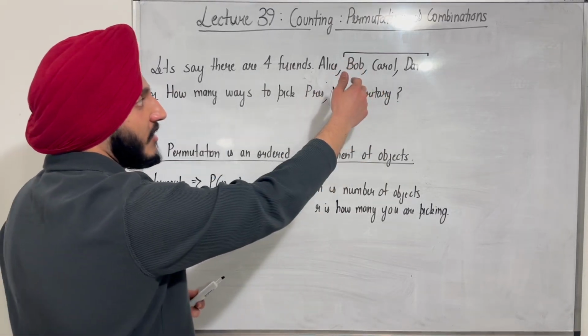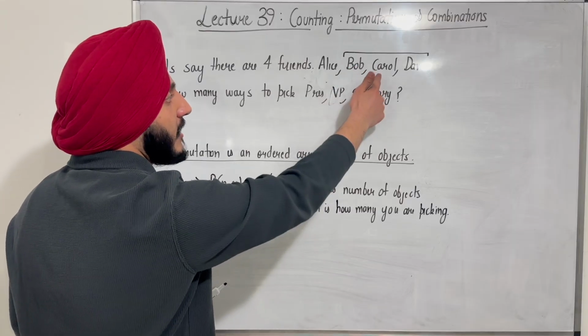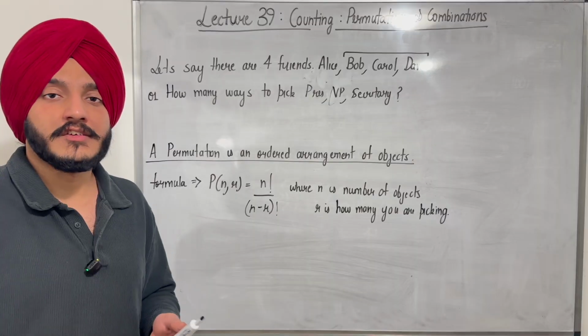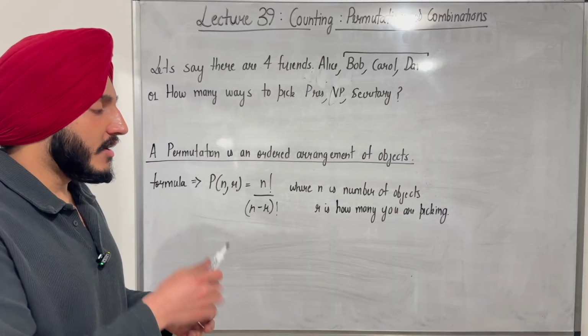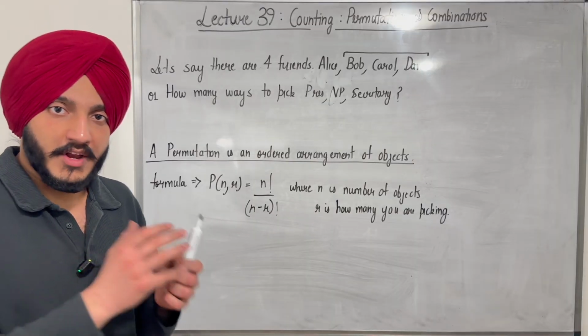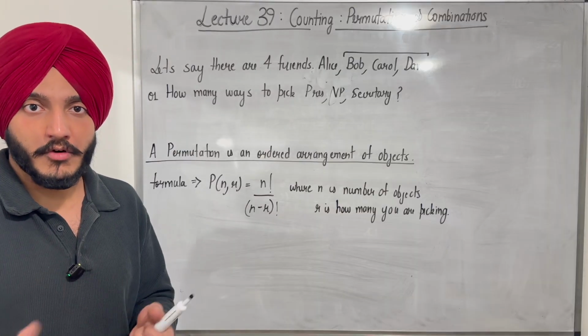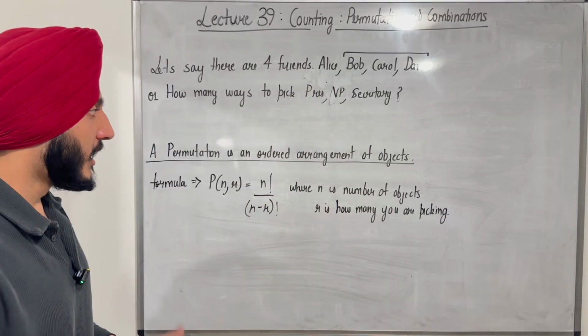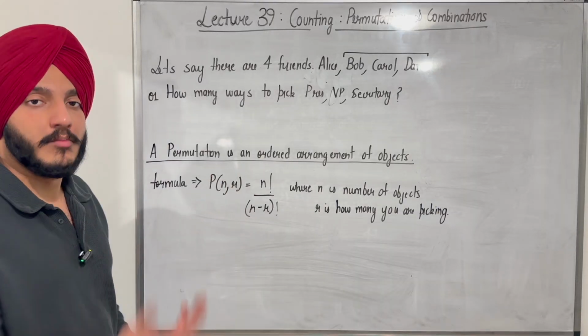But if I change it, let's say pick Bob as the VP and Carol as the president, that change in order matters. That results in a different way in itself. Whenever the order changes the outcome, we say it's asking us for a permutation.